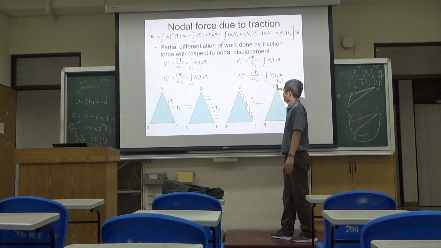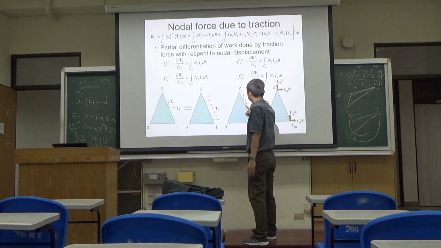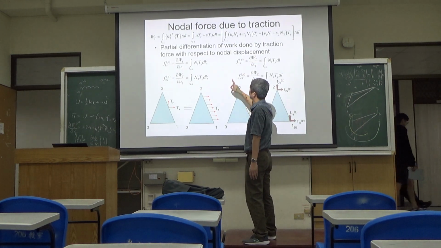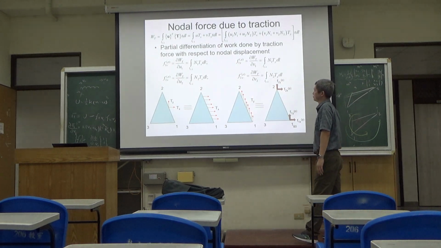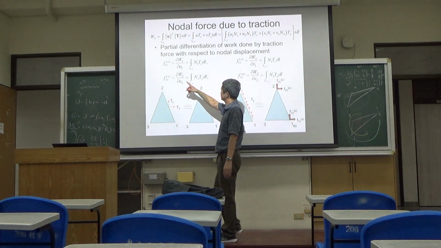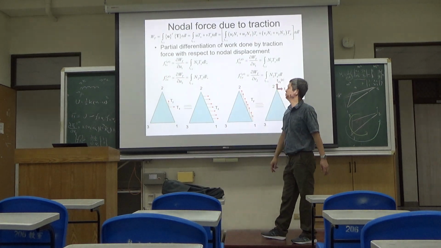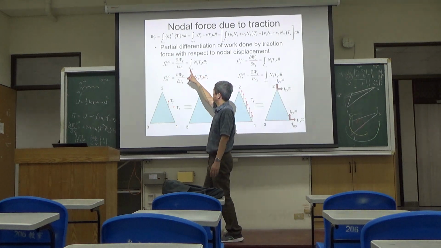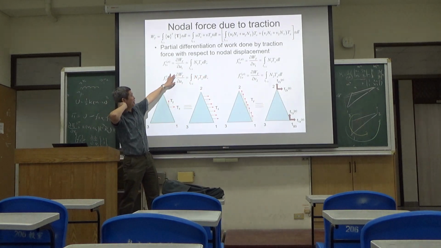Then you must find how much the work done by the vertical force times the vertical displacement along the line 1, 2.